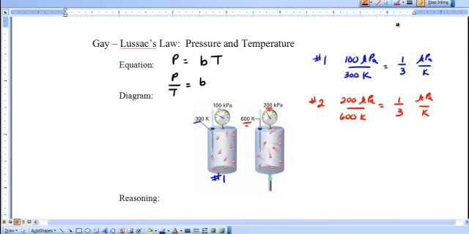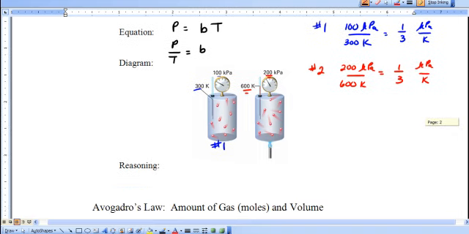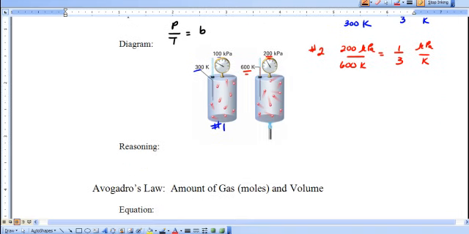Now what would the reasoning be behind this? Well, it's going to follow something similar to the previous example, where as you increase the temperature, particle speed increases. So we have an increase in particle speed. Because the particles are moving faster, they collide more frequently. So we'll just say more collisions. And by definition, collisions are pressure, so you get a greater pressure.